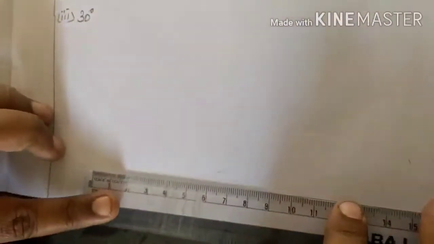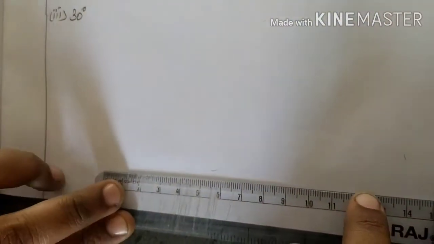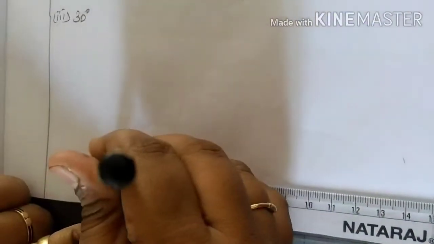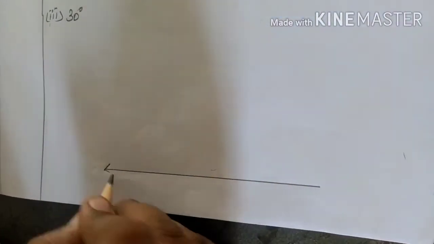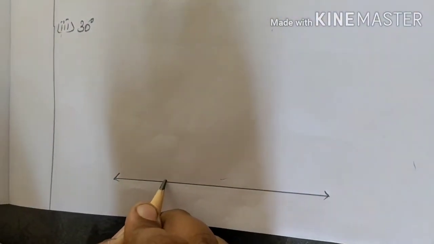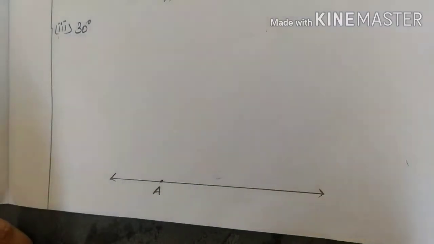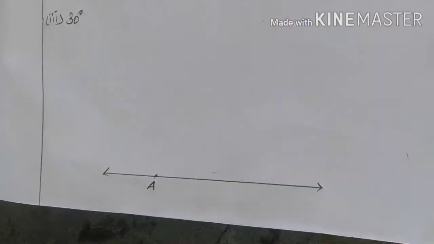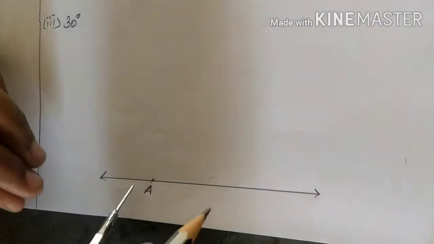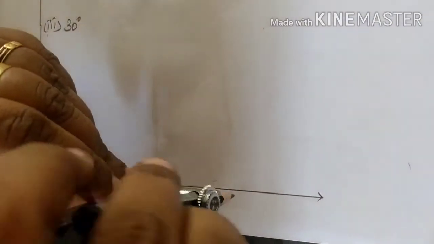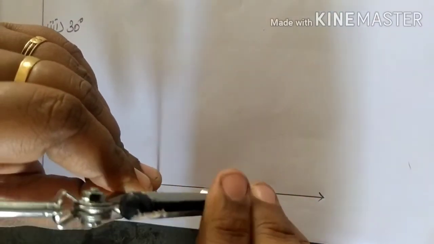Look at this. Draw a line. Mark the point A. Take the compass with your convenient angle. You just measure and draw the arc.